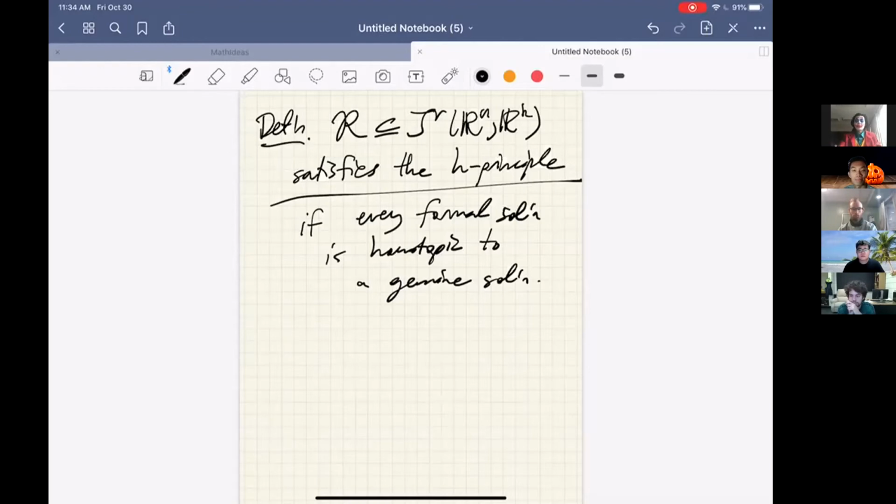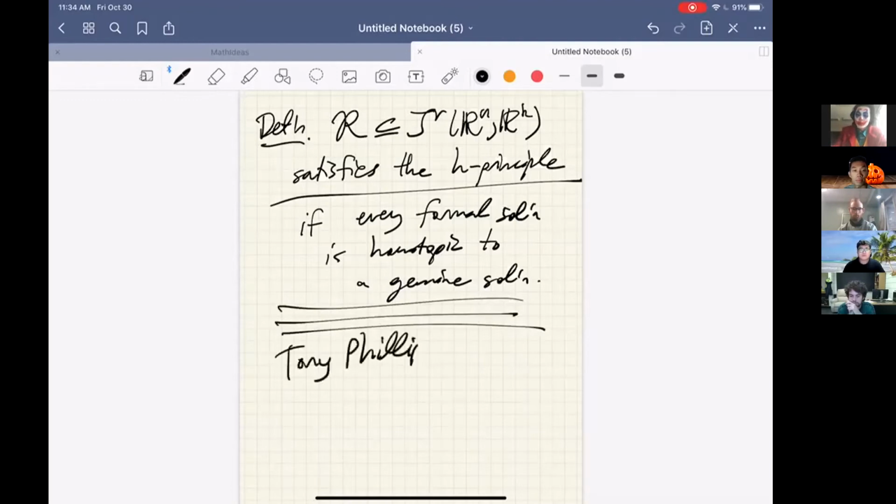Let me give a historical note of interest, actually. Tony Phillips, good old Tony, he used to work here. He's retired now. He was a graduate student of Milnor, and Milnor asked him something like, if you're given a surjective bundle map, when is it a submersion?